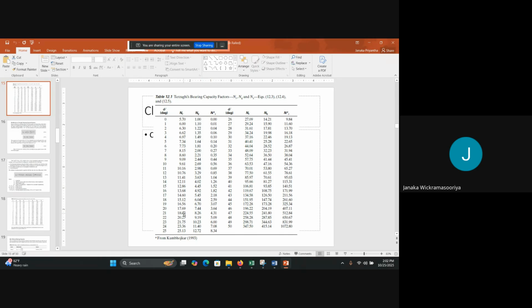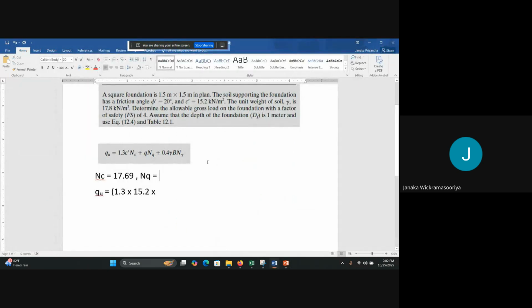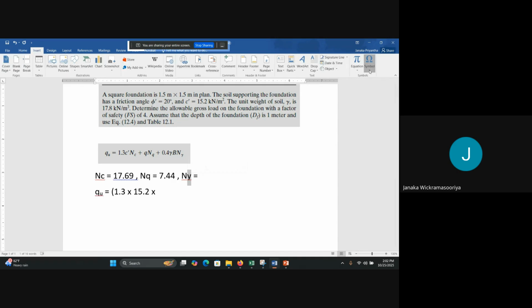NQ is 7.44. In gamma, sometimes there might be a symbol.